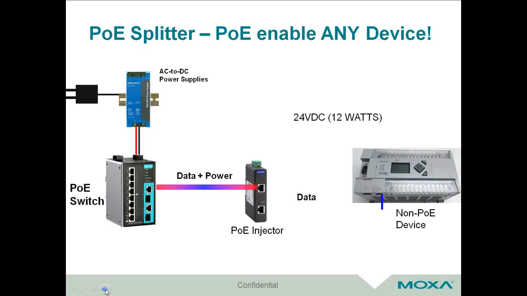In this case, you take your non-PoE device and you add a PoE, well, not a PoE injector, it's actually called a PoE splitter. It looks a lot like an injector, and what it does is it takes PoE in, and then it gives you 24-volt DC out and your data out. It splits them up so that you can go into those old legacy devices and make them PoE now. I think it's a pretty neat way of going about it.